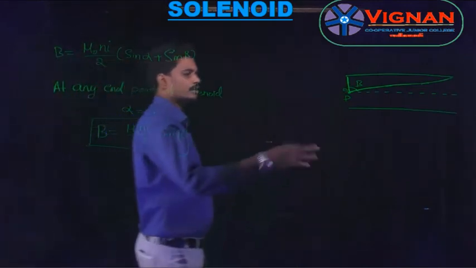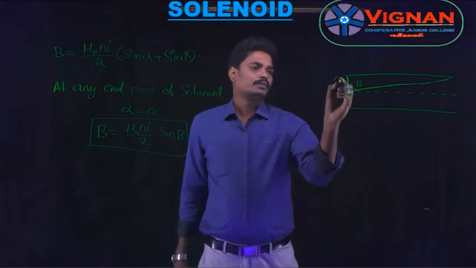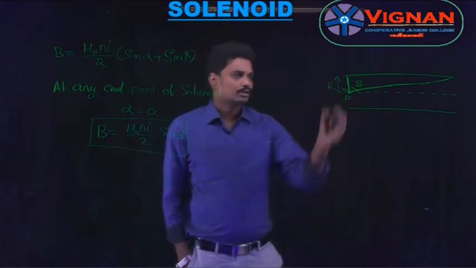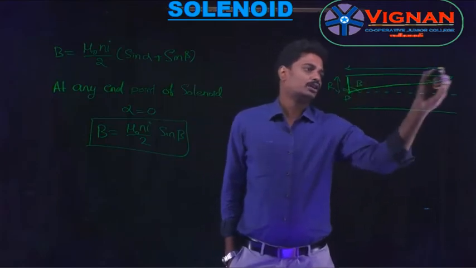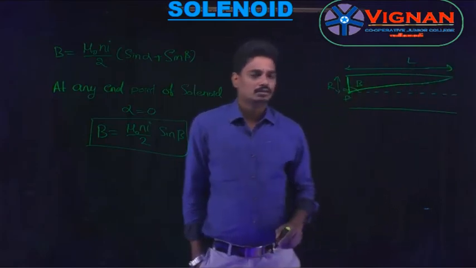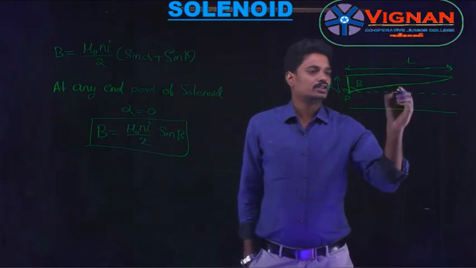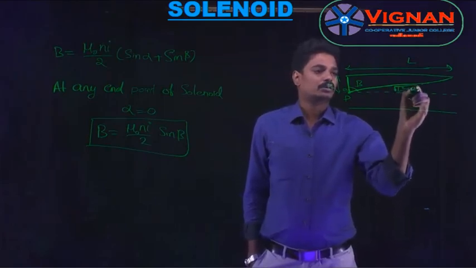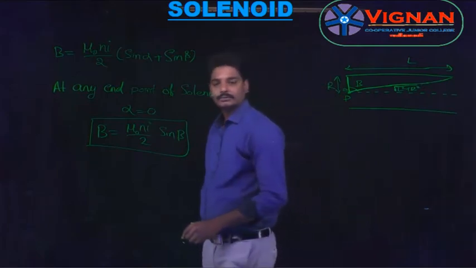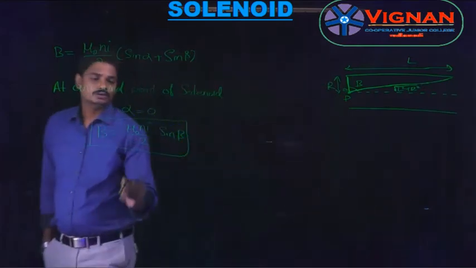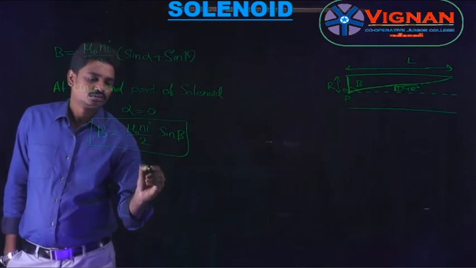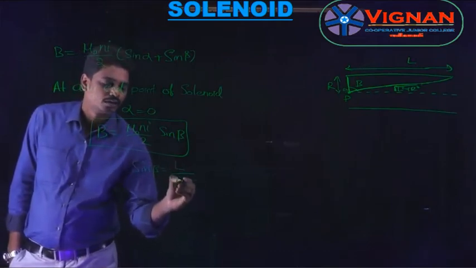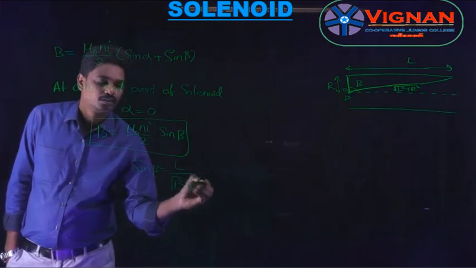So what's the value of beta? If the radius of the solenoid is R and the length of the solenoid is L, then the hypotenuse is equal to root over L square plus R square. Sine beta means opposite side by hypotenuse, so sine beta is equal to L by root over L square plus R square.